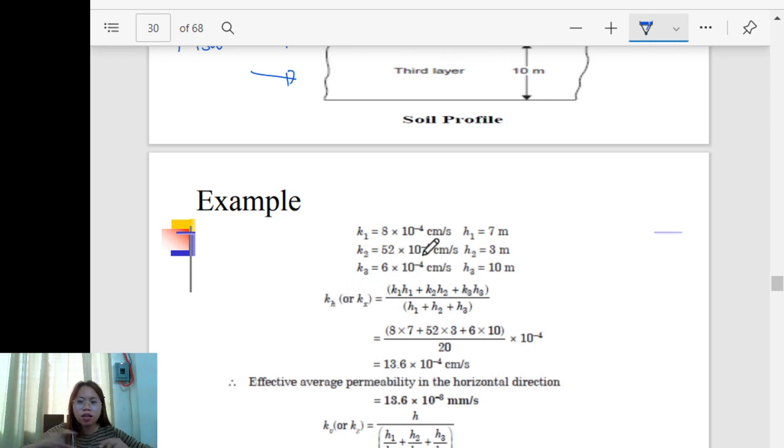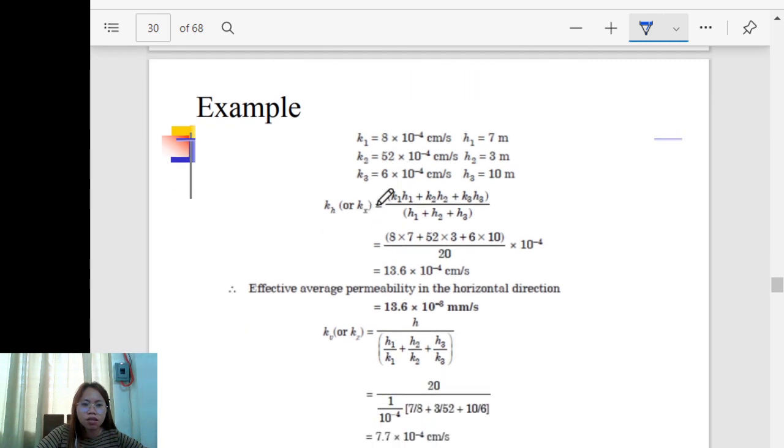So, he denoted it as KH, or horizontal, or is this K sub X? Actually, you substitute K1 H1 plus K2 H2, from the given. Then H1, that is 7 plus 3 plus 10, or H1 plus H2 plus H3.